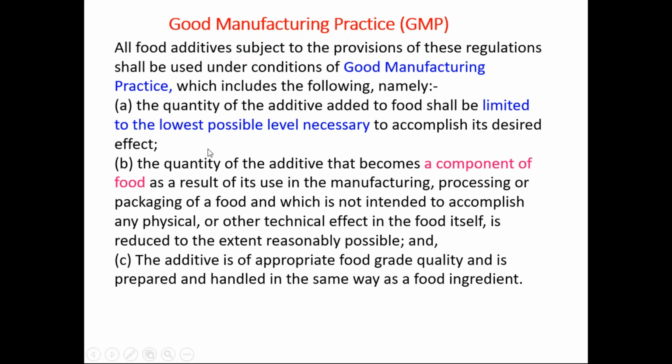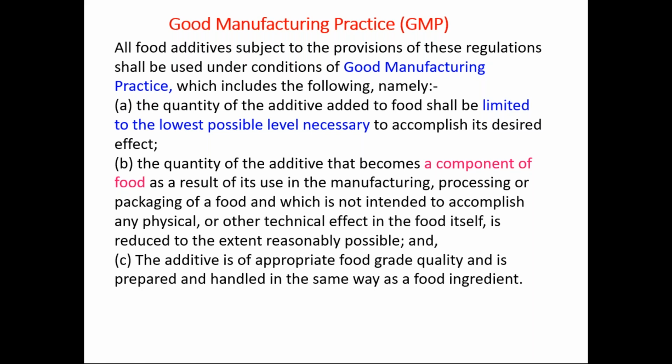Remember that the food additive, at whatever level you add it, becomes a component of the food as a result of manufacturing, processing, or packaging. And the additive used for food processing purposes must be of food grade.